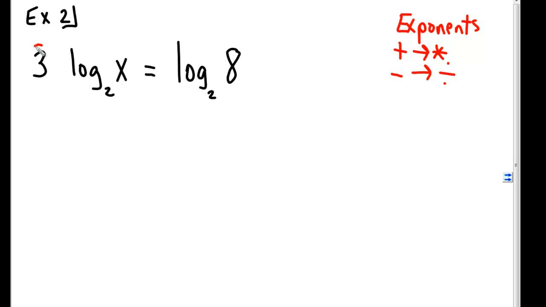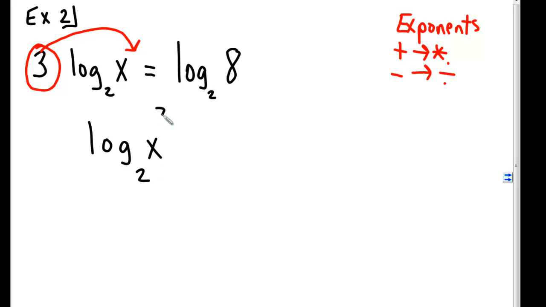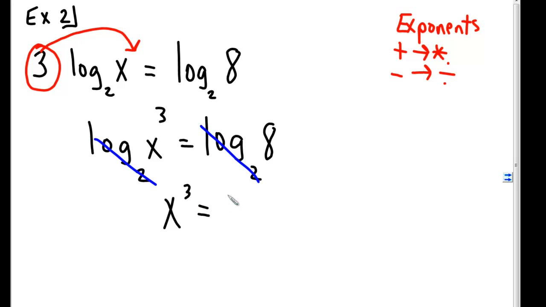I have a 3 as my exponent, so let's move that back to the spot it's supposed to be in, and that will leave us with log base 2 of x cubed equals log base 2 of 8. Notice the log base 2 are the same on each side, and that will leave x cubed is equal to 8.